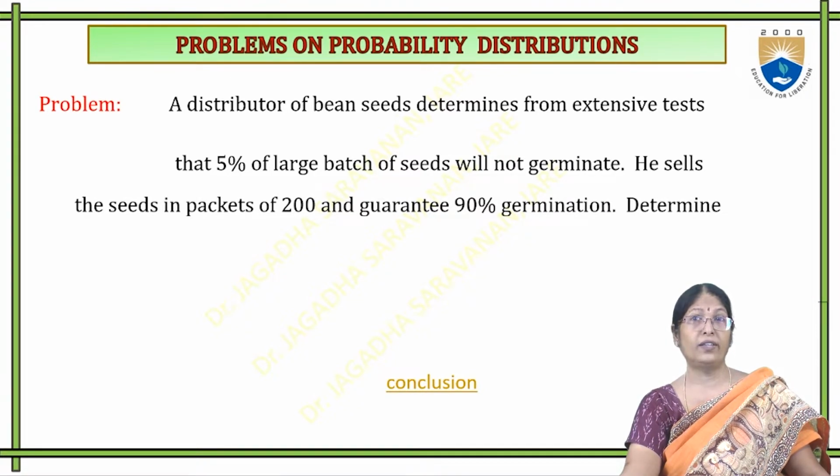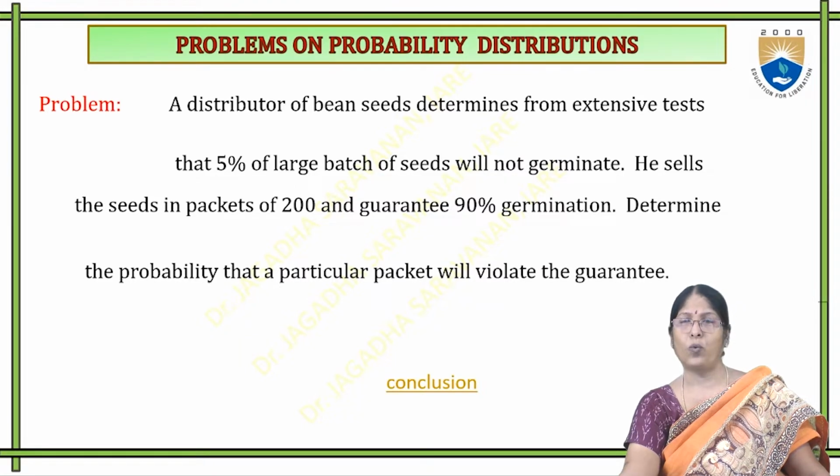He sells the seeds in packets of 200, with 200 seeds in each packet. He gives the guarantee that 90% will germinate. We have to determine the probability that a particular packet will violate the guarantee.